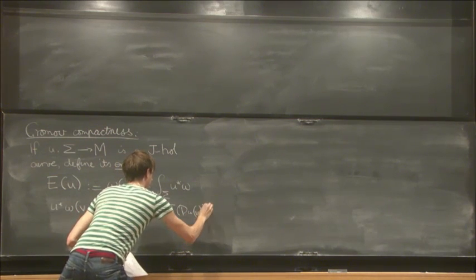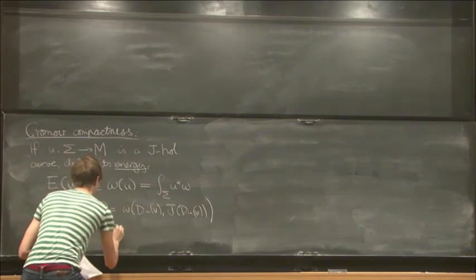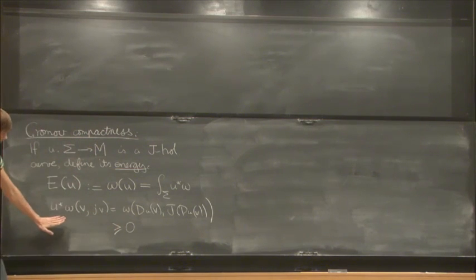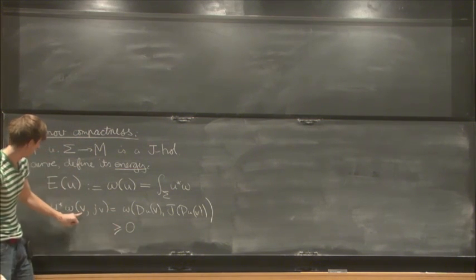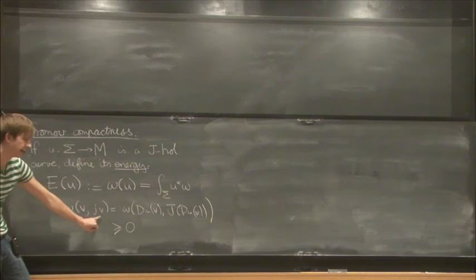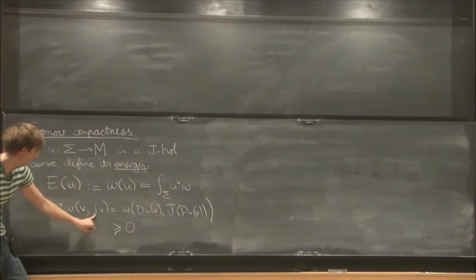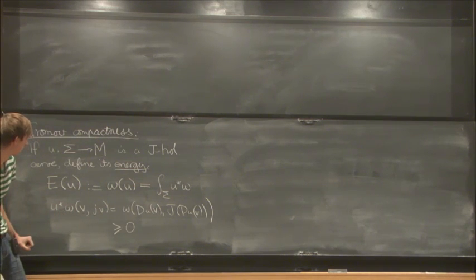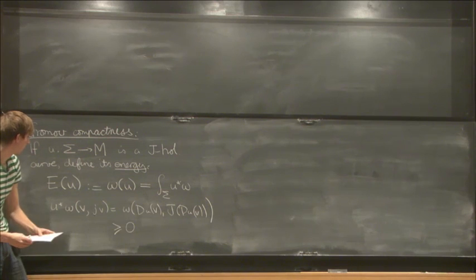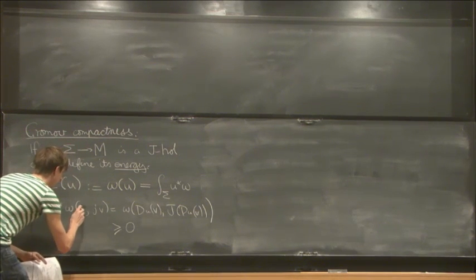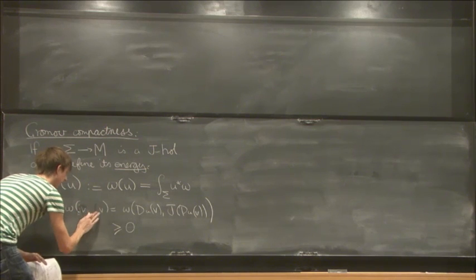By our J-holomorphic equation, when we evaluate this pullback of the symplectic form on a tangent vector together with its rotation by J, you have to put the J in front.